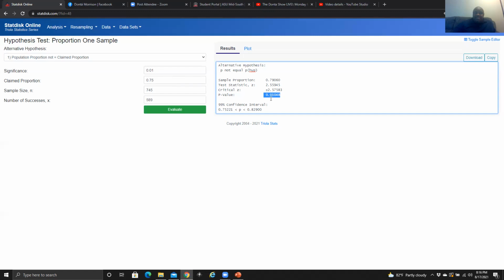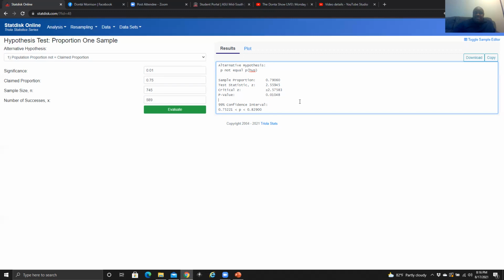Look at this p-value, that's 0.0105. That's bigger than 0.01. So that means we will have to fail to reject the null hypothesis.